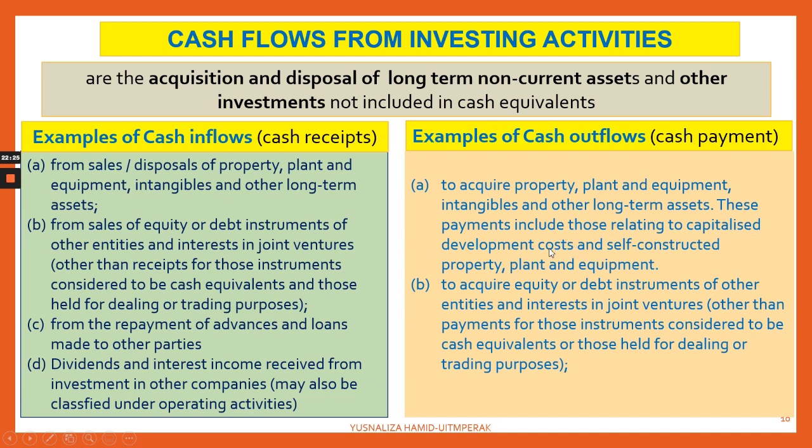Or these can also be payments relating to self-constructed property, plant and equipment. And there are also the cash outflows to acquire equity or debt instruments of entities in joint ventures, other than payments for those instruments considered to be cash equivalents or those held for dealing or trading purposes.